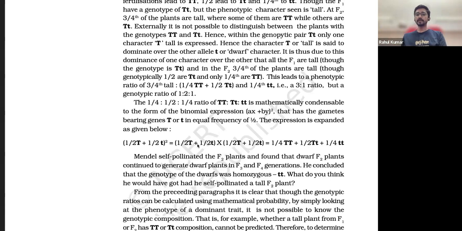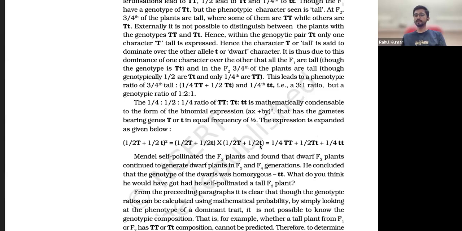So it becomes 1/4 capital T, because these two come together, capital T. So 1/4 capital T, 1/2 capital T small t. So this goes with this first, then this goes with the other one. And 1/4 small t. It's simple.